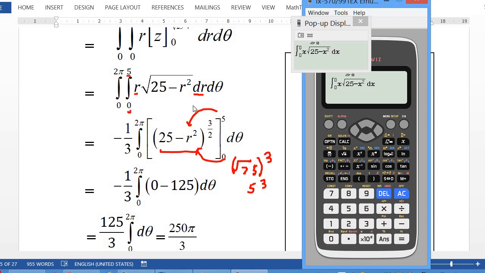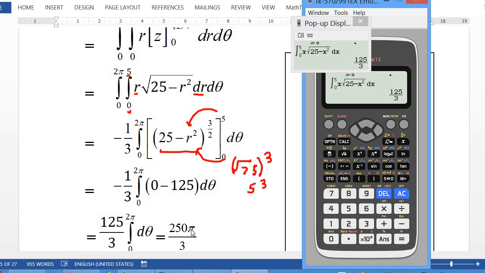I'm going to integrate with respect to r, from 0 to 5. It will take some time. So you get the answer 125 over 3 here. And then for the integral d theta from 0 to 2 pi, you get 2 pi.